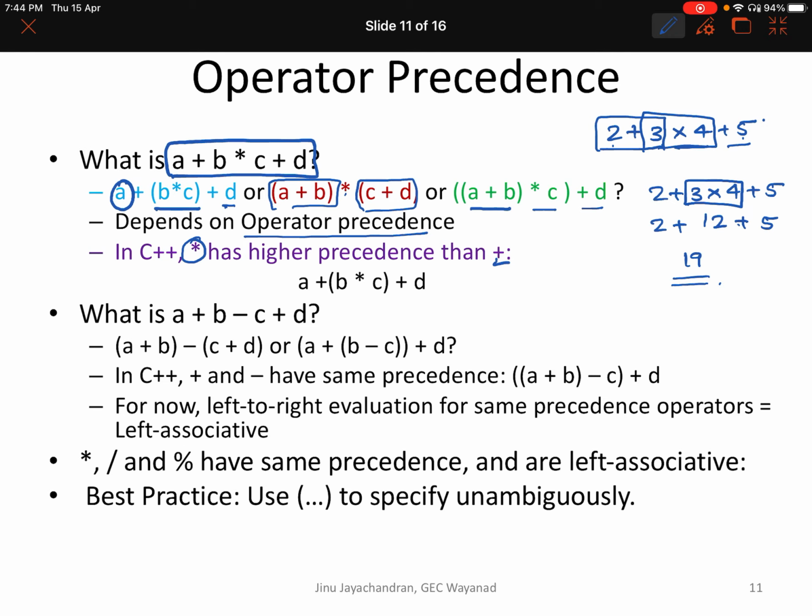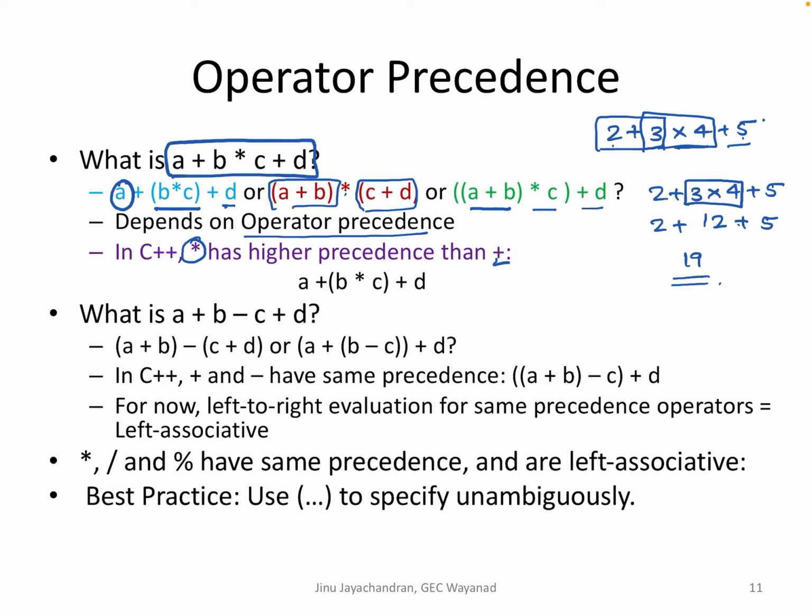Similarly, in C++ also, star has the highest precedence. So the operands to the left and right of star will be evaluated first, then it will be added with the others. So what about A plus B minus C plus D? In C++, plus and minus have the same precedence. So it will be evaluated from left to right.